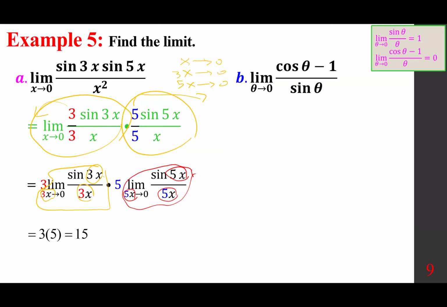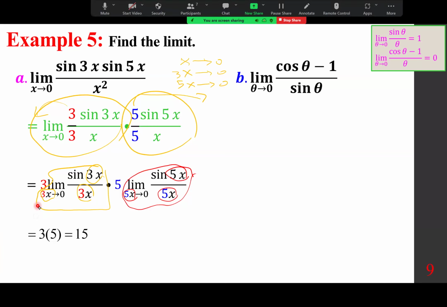The limit of cosine theta minus 1 over sine theta as theta approaches 0. Since we have this one, and this doesn't look like that, the technique is to recognize if I divide this one by theta, it looks like this, so I'm going to divide the top and the bottom by theta.